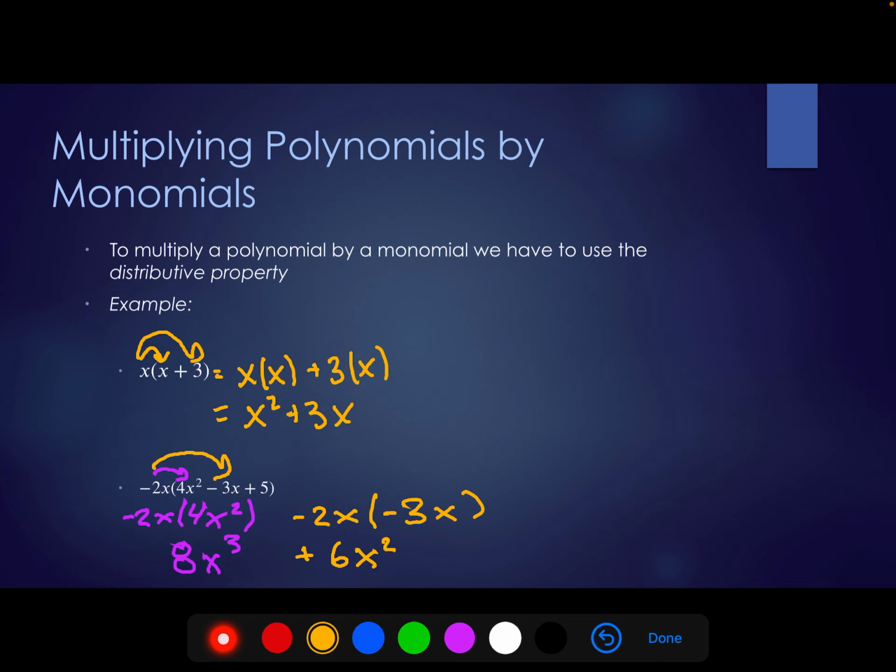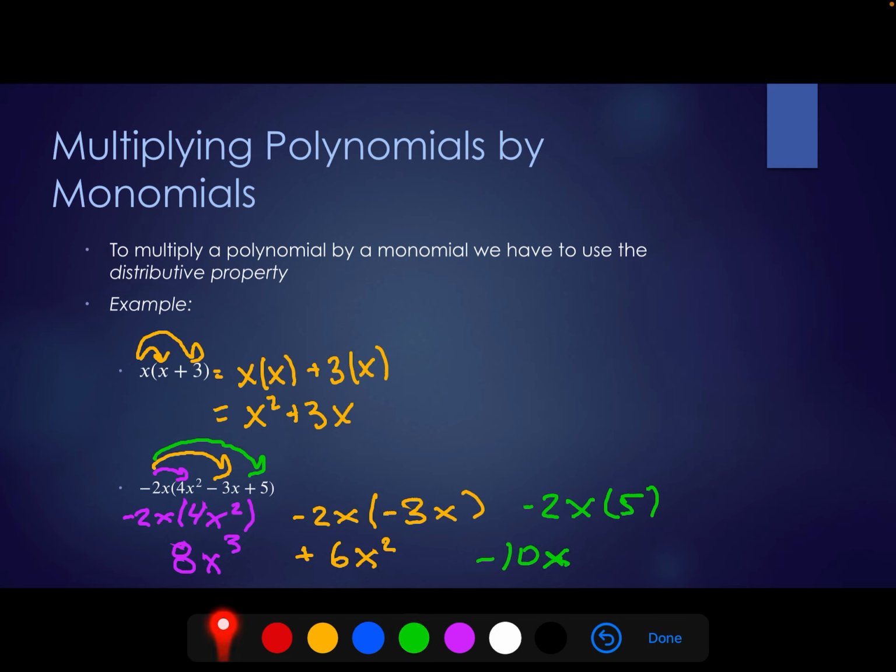Now we're going to distribute to our last term of the trinomial. We have negative 2x times 5. We multiply negative 2 times 5, and that gives us a negative 10x.